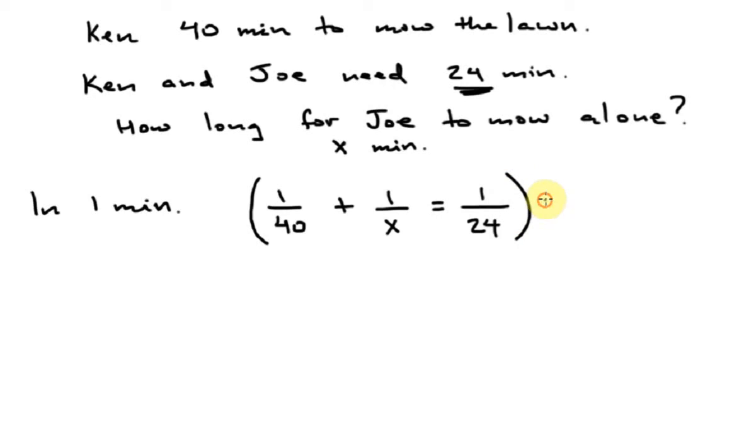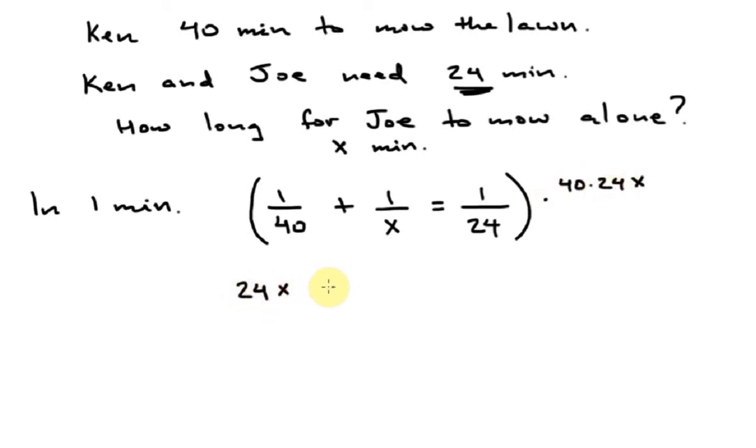So I'm going to multiply this by something that's divisible by 40 and 24 and x. There's probably a smaller number, but you know what? I might spend 10 minutes looking for it, so I'm just going to use 40 and 24 and x. So the first term here, the 40s would cancel, and I'd be left with the 24 and the x.